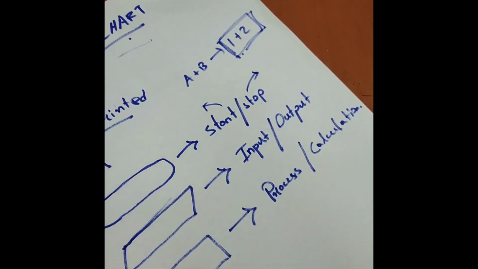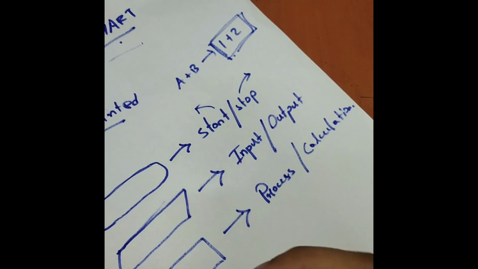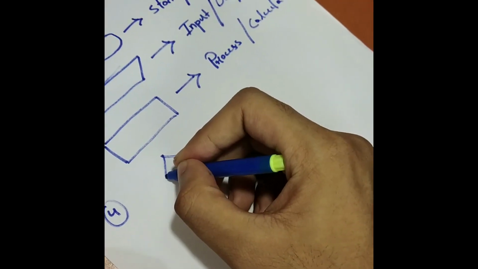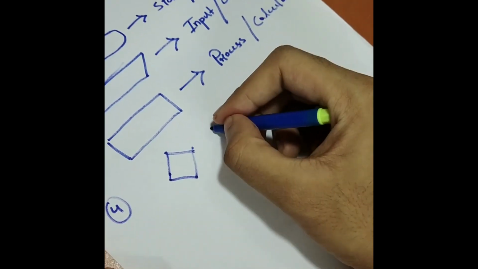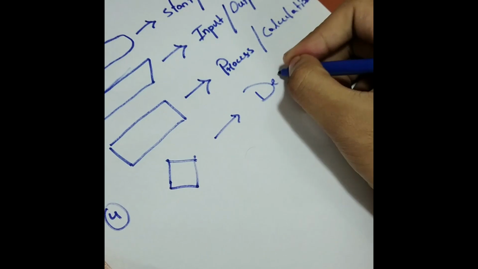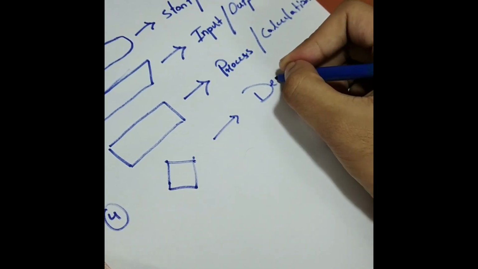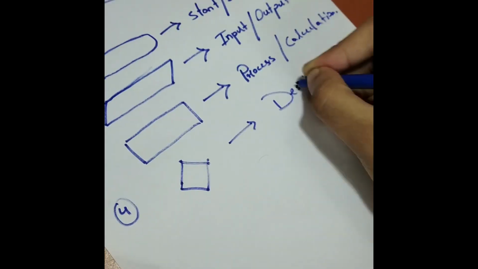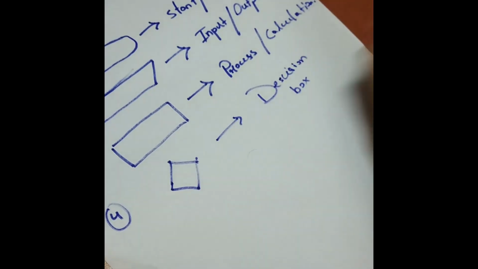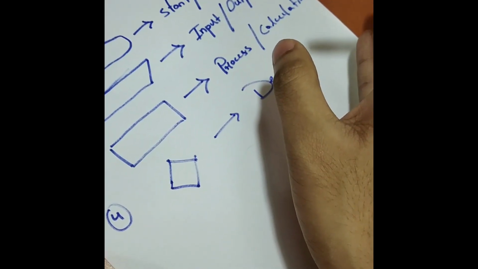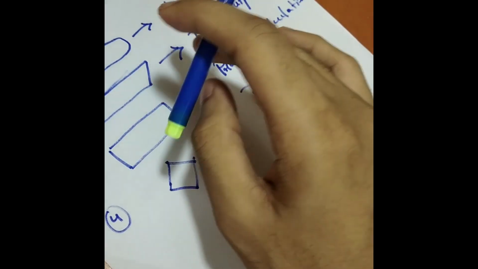Number 4 is a rhombus, right? It is a decision box. What's the function of this one? It will perform the task of making decisions.